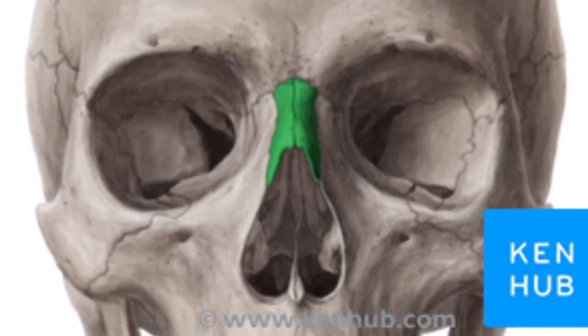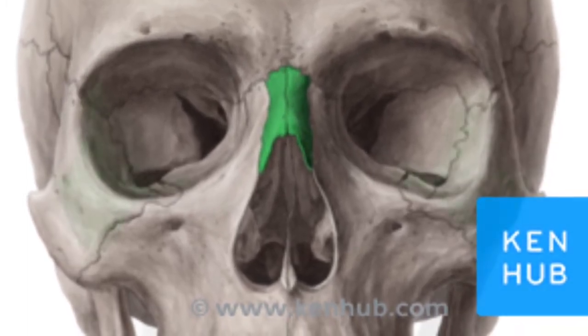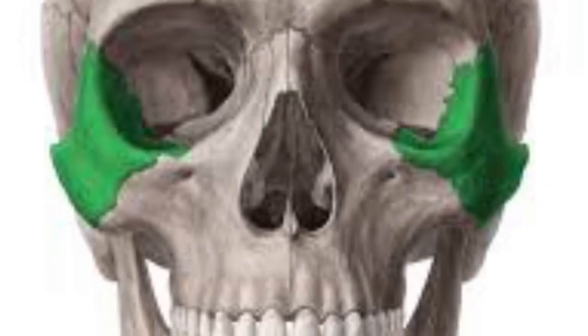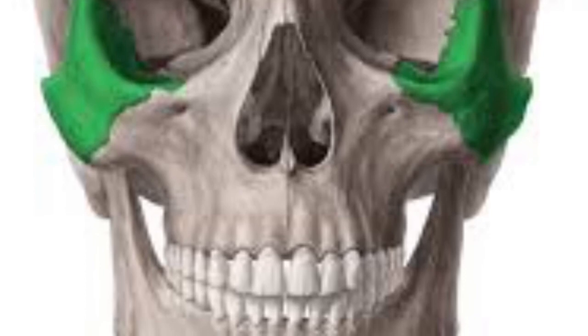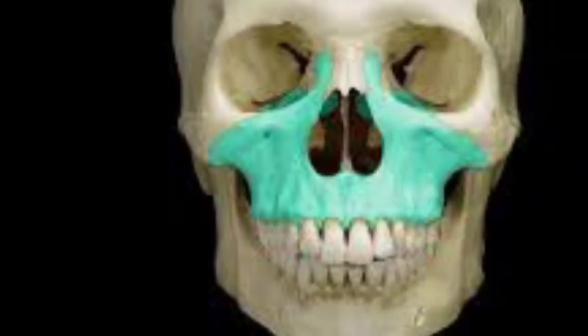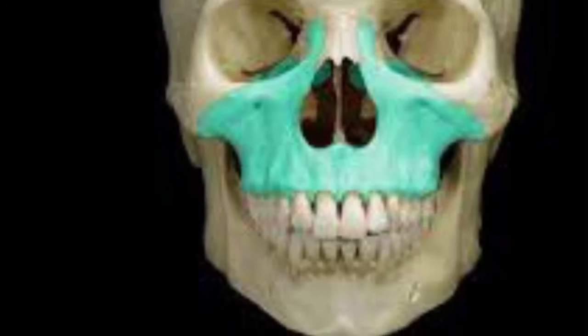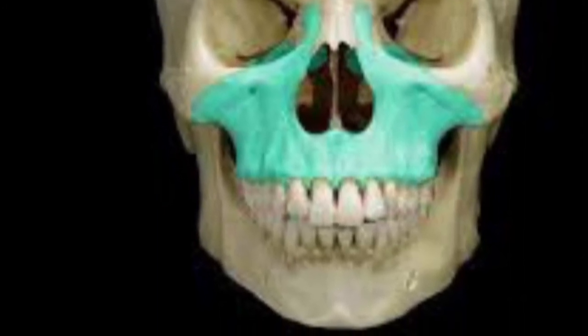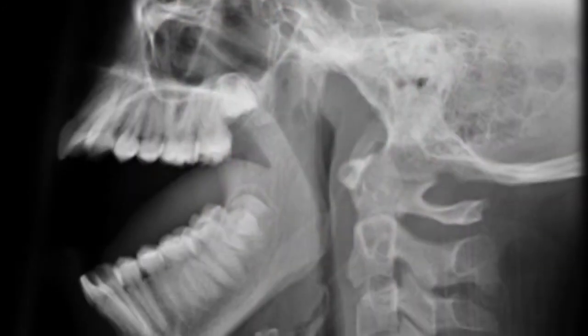Then moving on to the nasal bone, which forms the bridge of the nose and articulates with the ethmoid and the maxilla. The zygomatic bone forms the lateral walls and floor of the bony orbit where the eyes are housed. The maxillae come together to form the upper jaw and anterior hard palate and a portion of the orbital cavities.